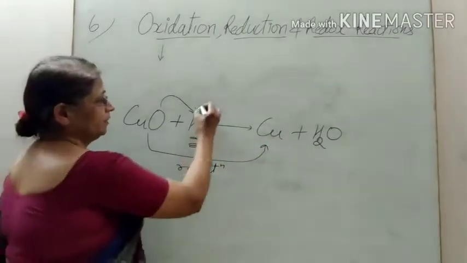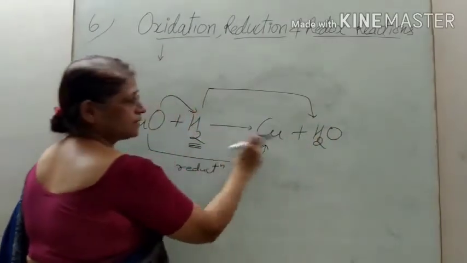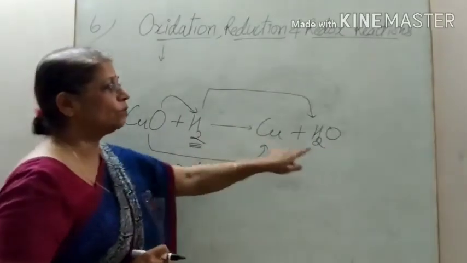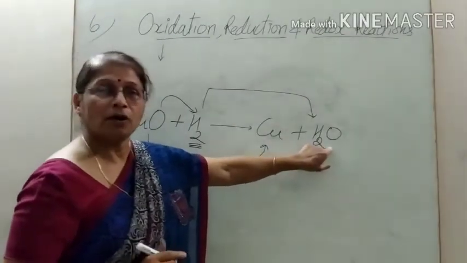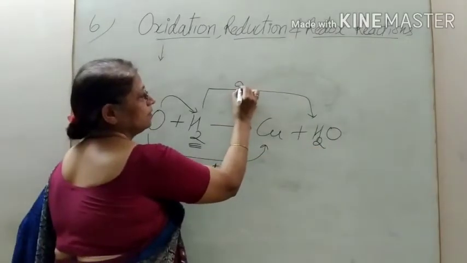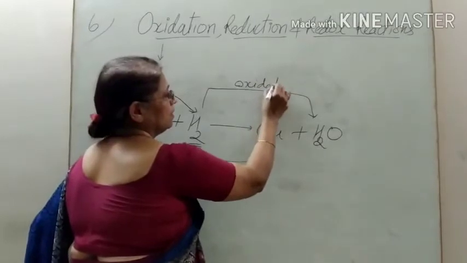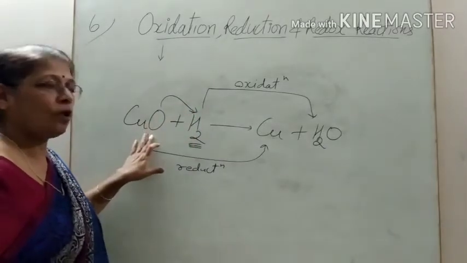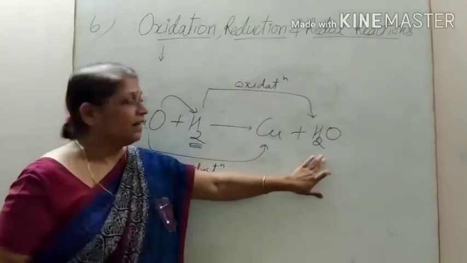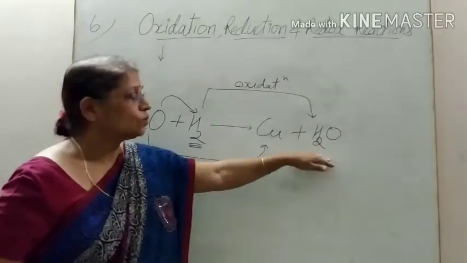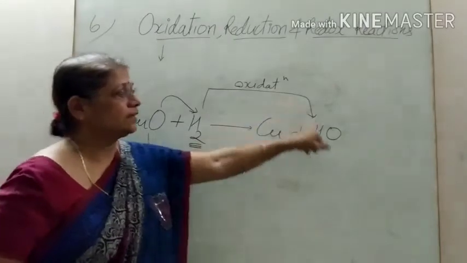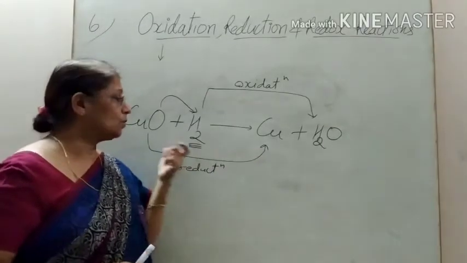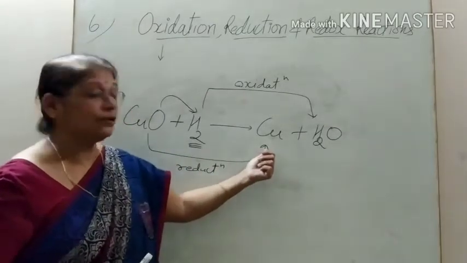And in this case, hydrogen gains oxygen from copper oxide, so hydrogen is oxidized. This step is oxidation. Again I repeat, hydrogen gains oxygen from copper oxide and forms H2O. Oxygen is added to hydrogen, so hydrogen is oxidized. In this step, copper oxide loses its oxygen atom, so it reduces to copper.